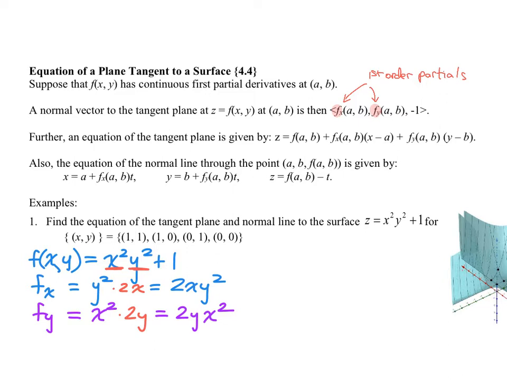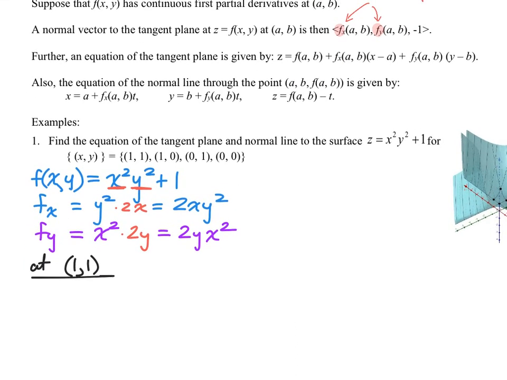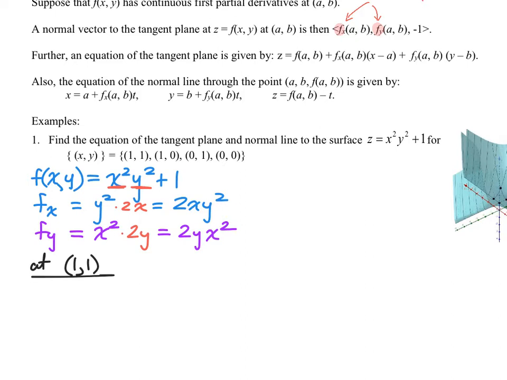So now I want to tackle my tangent planes. At (1, 1), I'm going to find my different components. I need f of 1, 1, the first order partial with respect to x at 1, 1, and the first order partial with respect to y at 1, 1.